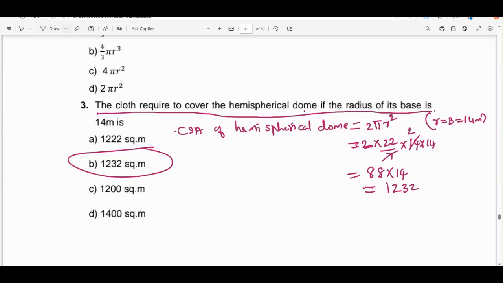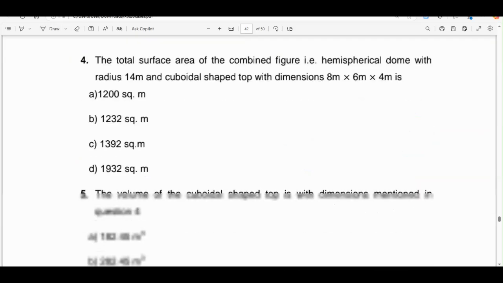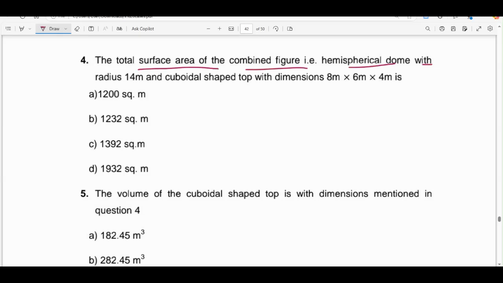Moving on to the next question, the total surface area of a combined figure, that is a hemisphere dome with a radius 14 meter and a cuboidal shape top with dimensions 8 into 6 into 4 meter. So he's asking you to find the combined shape.